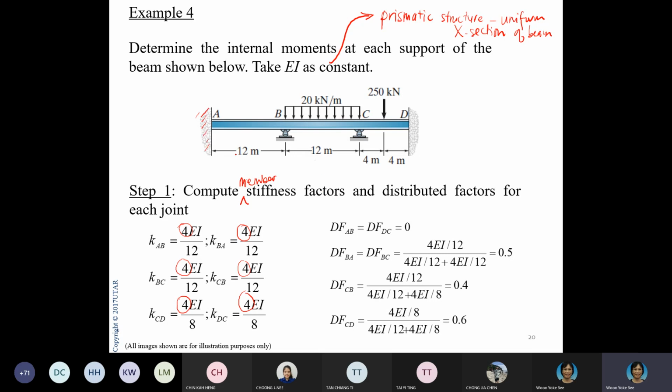Those that are at the wall, your distribution factor is 0. For BA, joint B has 2 members, so you will need to sum up member BA and BC. Then for CB again, same thing, you need to sum up member CB and BC.